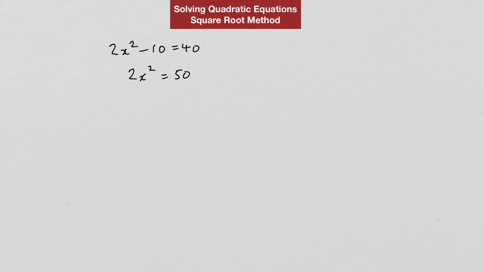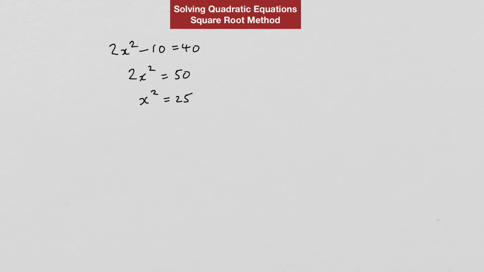Okay? Now, we still need to isolate this x squared because there's this 2 in front of it, so we need to move this 2 to the other side. Because this is a product, we need to divide both sides by 2 or multiply both sides by 1/2. However you do it, you're going to end up with x squared is equal to 25.